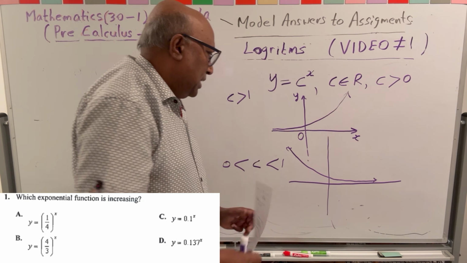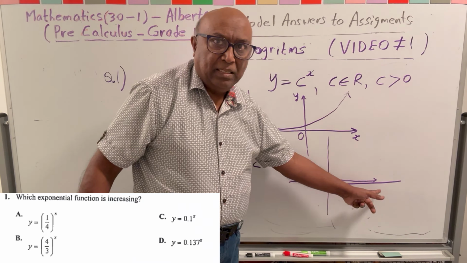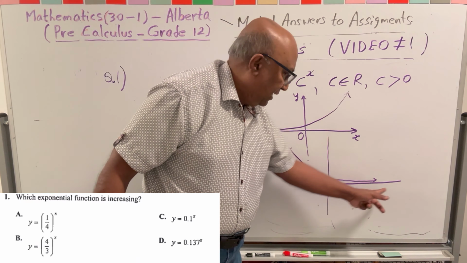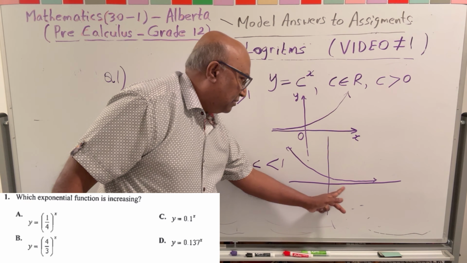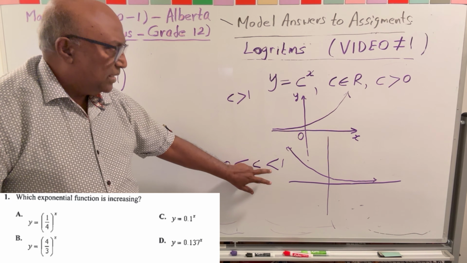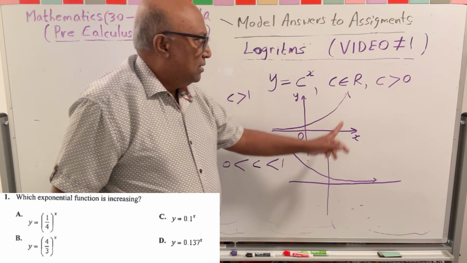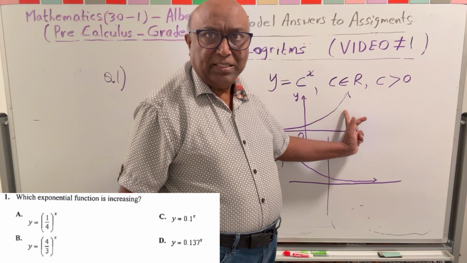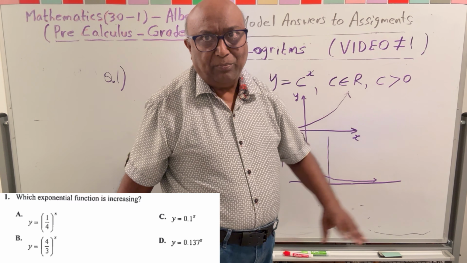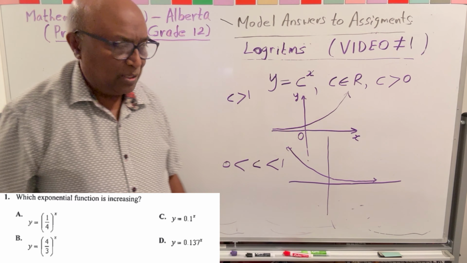That means as x increases from negative infinity to positive infinity, y value is decreasing. We are not considering actually c is equal to 1. When c is equal to 1, the function is neither increasing nor decreasing. Function will look like perpetuating, but we don't consider the situation now.